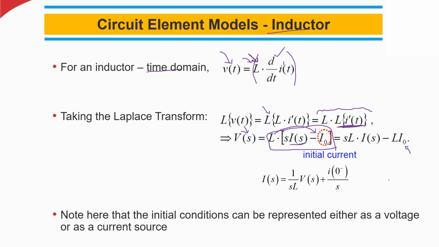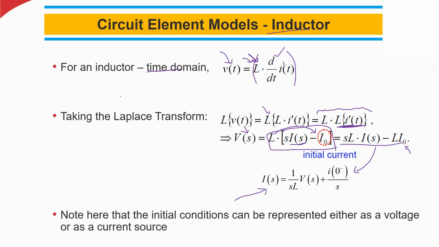If you simplify this equation further, you will get I of S is equal to 1 divided by SL times V of S plus I of 0 minus divided by S. This is the Laplace transform of the inductor.